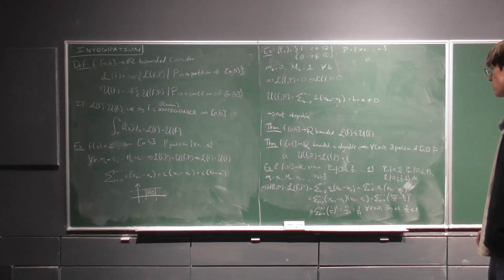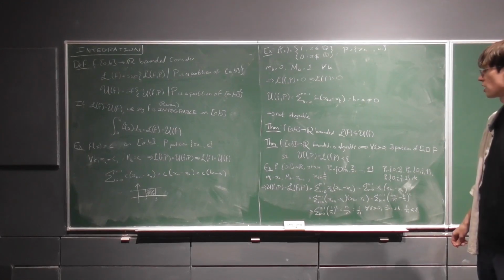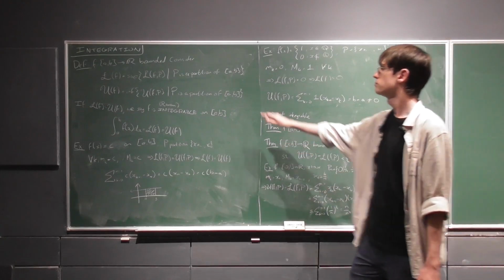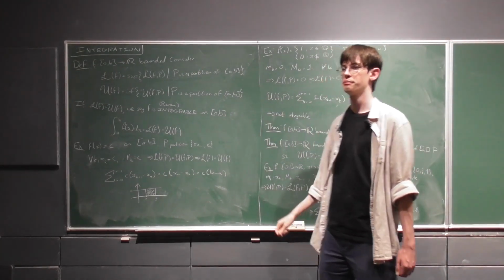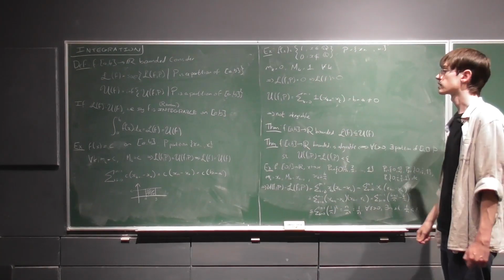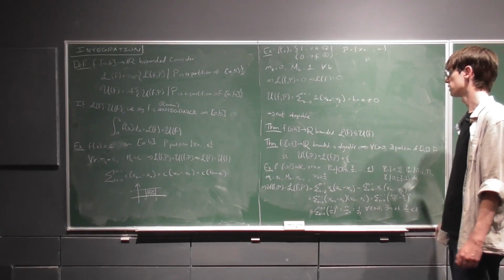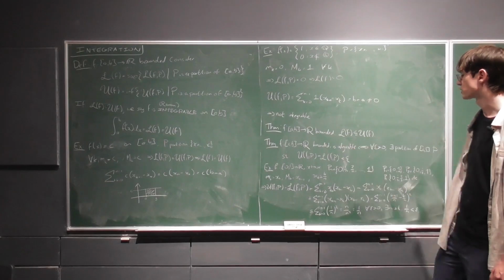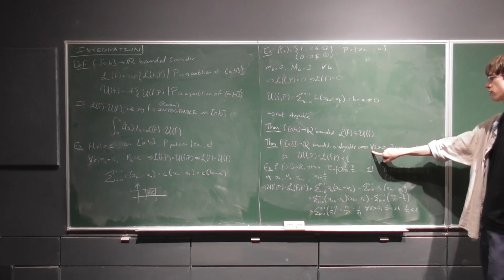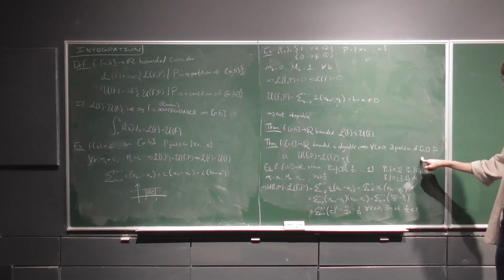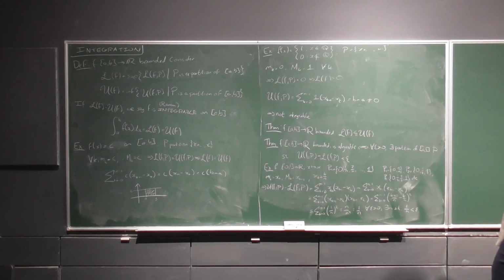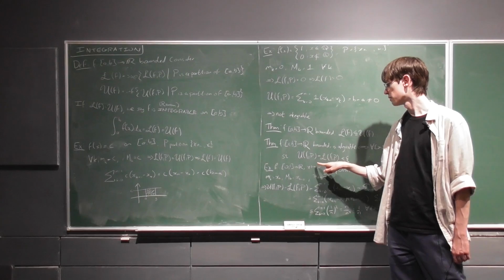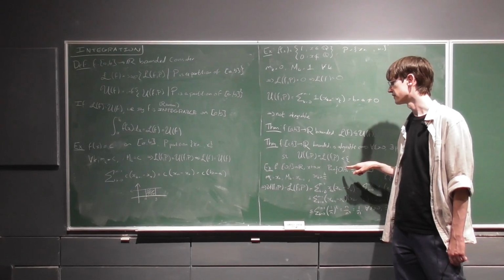So there is an equivalent definition of being integrable without having to consider the supremum and the infimum. You can just look at the Darboux upper and lower sums. So a bounded function on an interval is integrable if and only if, for any given epsilon, there exists a partition of the interval P such that the upper sum on P less the lower sum on P is less than epsilon.